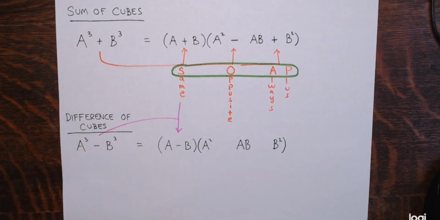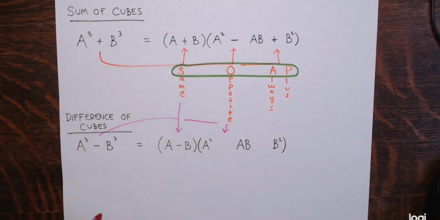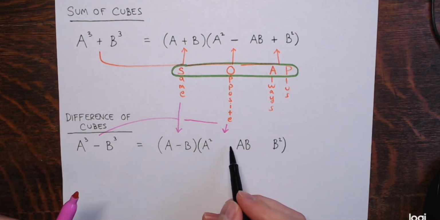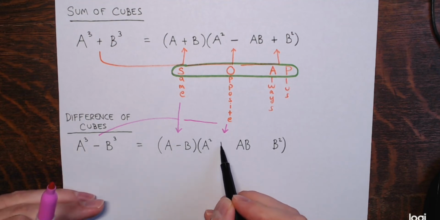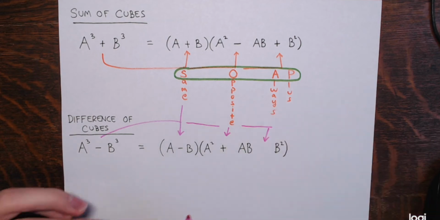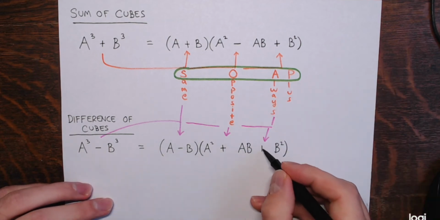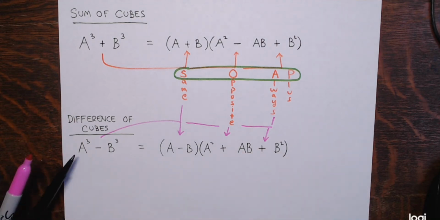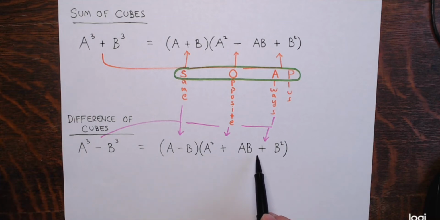All right, then for the signs, between the first two terms in here, opposite sign. So there was a minus here, we put plus there. And then between the last two terms, always a plus. So a cubed minus b cubed factors to a minus b times a squared plus ab plus b squared.